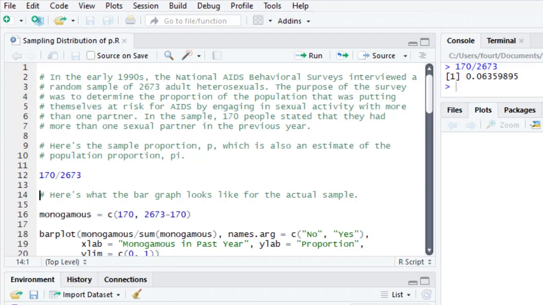We're interested in the entire population of adult heterosexuals. Our best guess right now at what proportion would say that they had more than one sexual partner in the previous year is 6.4% or 0.064. Here's what the bar graph looks like for the actual sample.